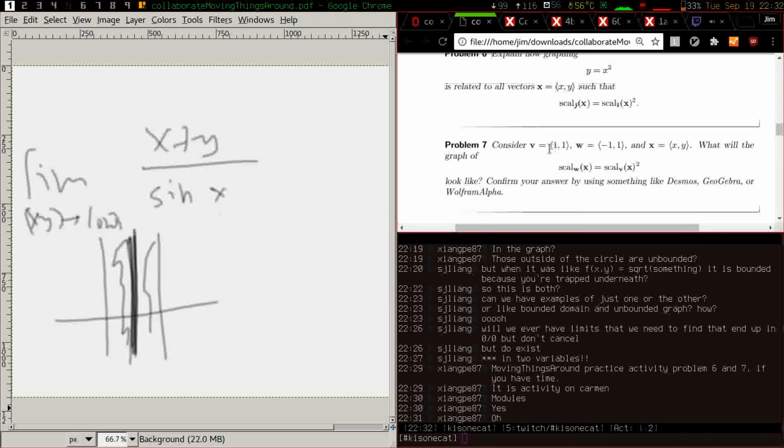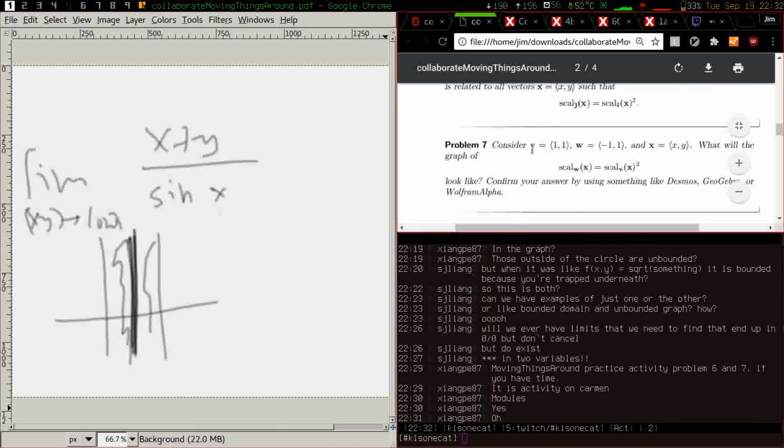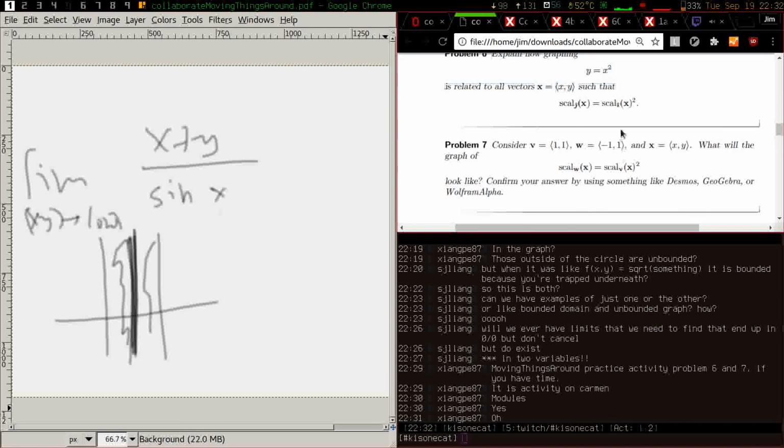W is going to play the role of j, and V is going to play the role of i. So it's going to look like a parabola that's been tilted somehow, because V and W are like a tilted and stretched version of i and j. They're still orthogonal, but they're longer. So you'll end up getting something like a parabola, which is pretty neat.